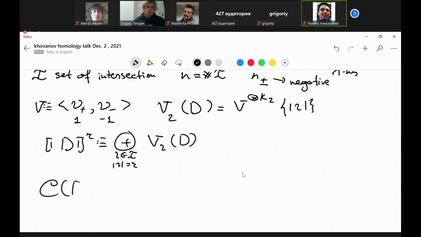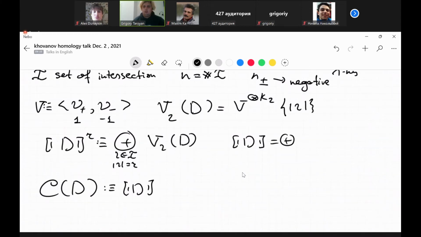And so the Khovanov bracket is just the sum of all its components. And the normalized Khovanov bracket is the following shifted complex. This is the complex that computes the Jones polynomial as its Euler characteristic.